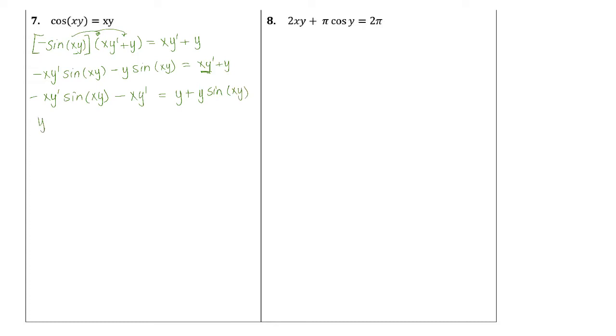And now let's factor out y prime. So I have negative x sine of xy and we also have minus x equals y plus y sine xy. Now let's divide both sides and we'll be finished with the problem.